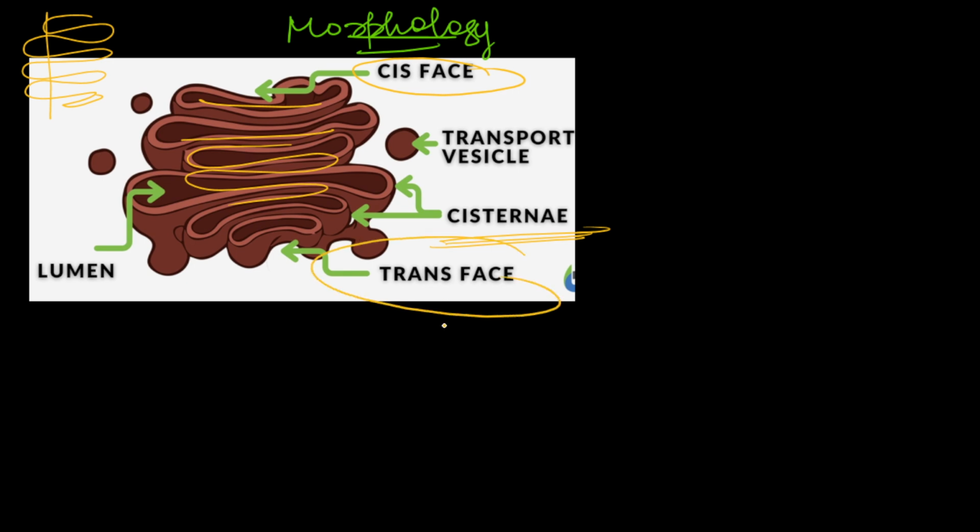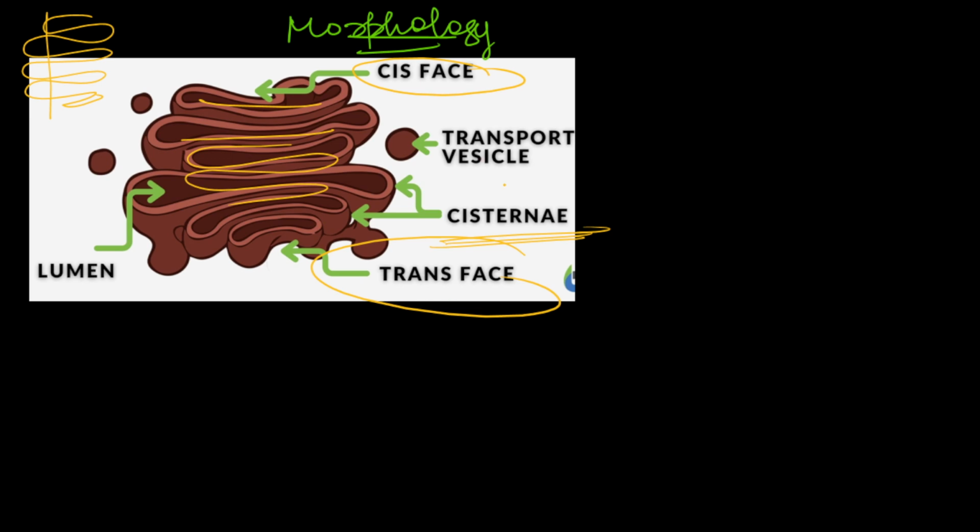These are known as cristae, and these are stacked like a pile of plates. So this was actually flat, but it has been stacked like a pile of plates. I hope you are able to understand this. Now, it has two distinct phases: the cis phase and the trans phase.